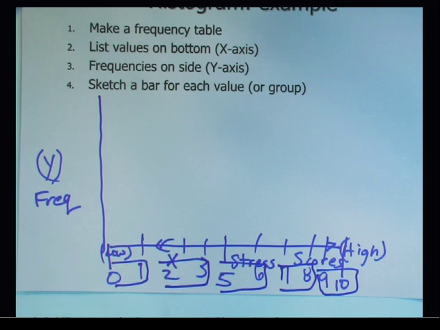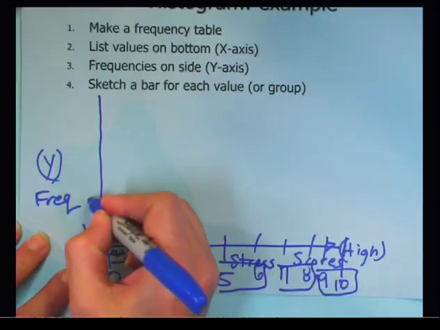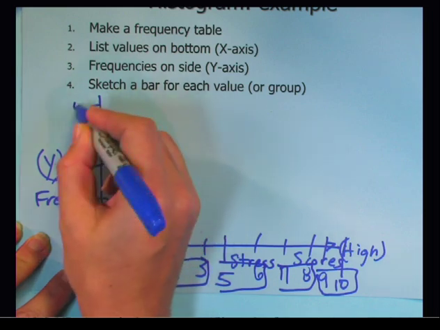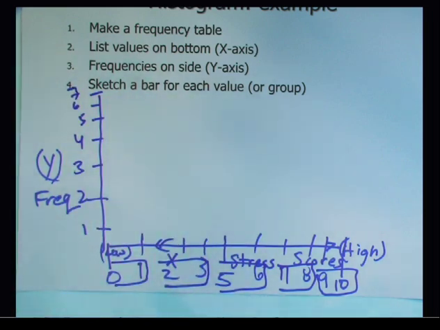So let's go ahead and try that. Your 0 to 1, we had 2, so you would go 1, 2, 3, 4, 5, 6. This isn't to scale exactly, but when you have more space, you can make it to scale. But you would just count the frequency.